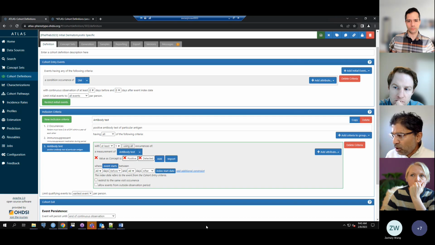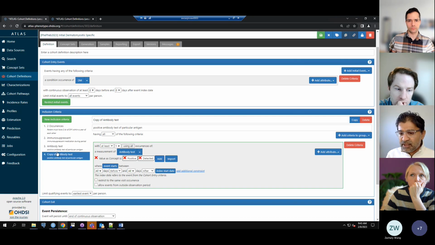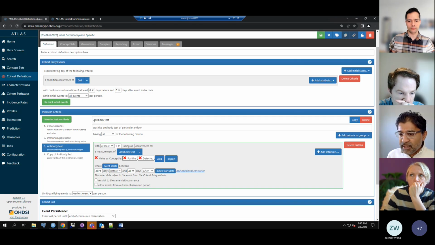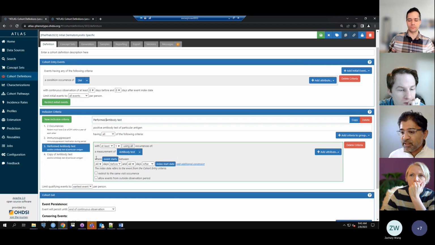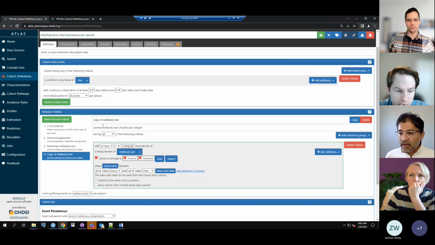So before solving the results problem, let's solve the test problem. We can still do what we talked about: performed antibody test. We can review this result, and here it simplifies the rule.